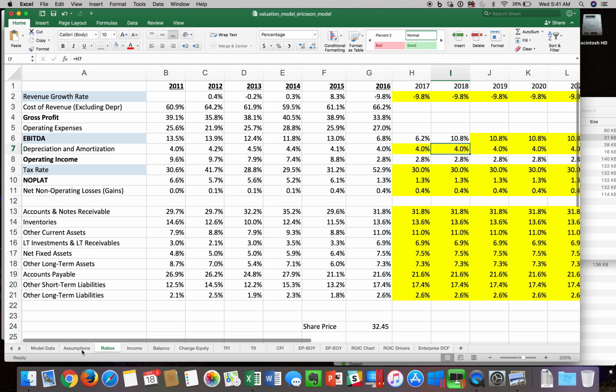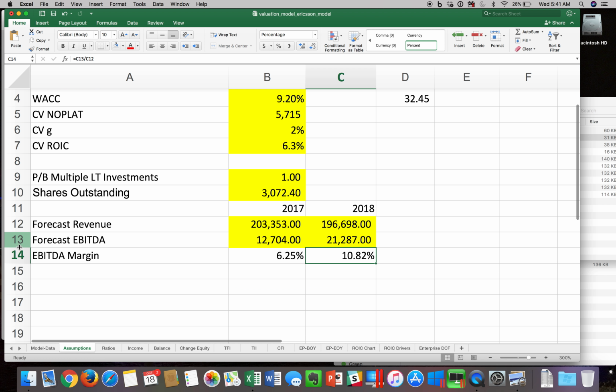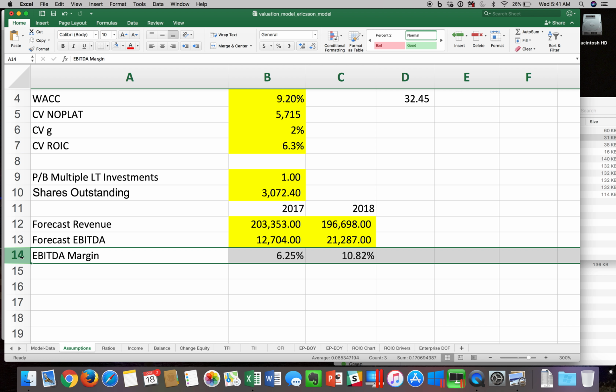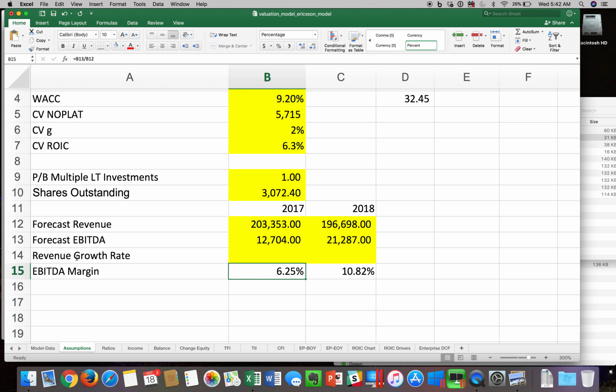Same thing for revenue. So here I'm going to insert a row, and then I have my revenue growth rate. Again, making these not yellow, because it's going to be calculated. No fill.